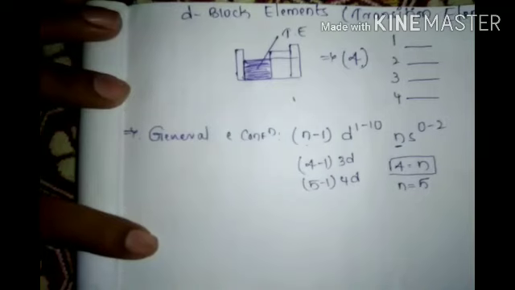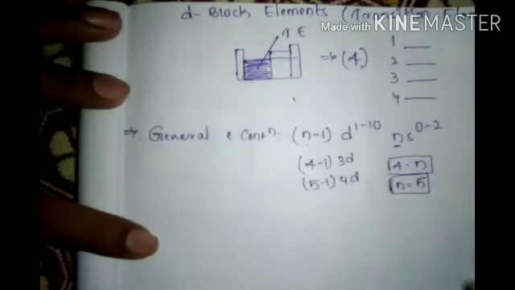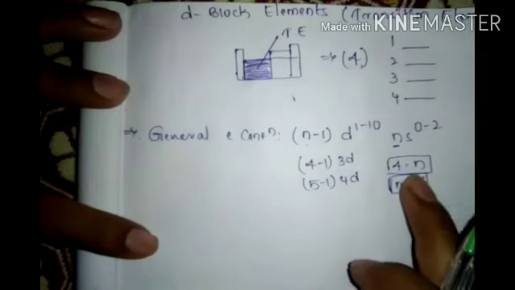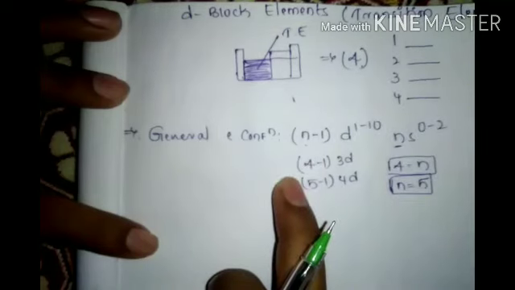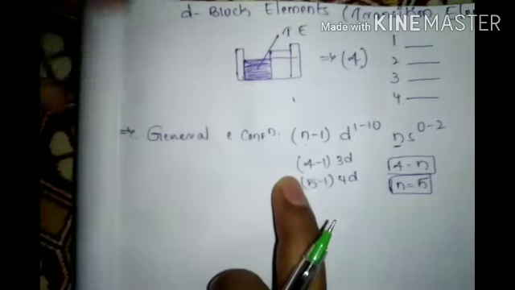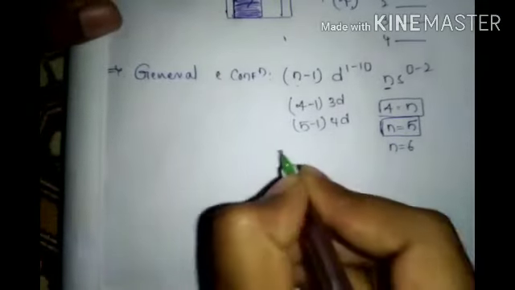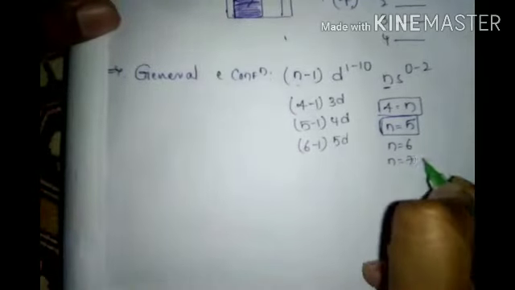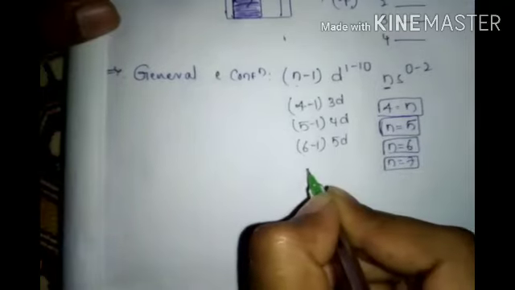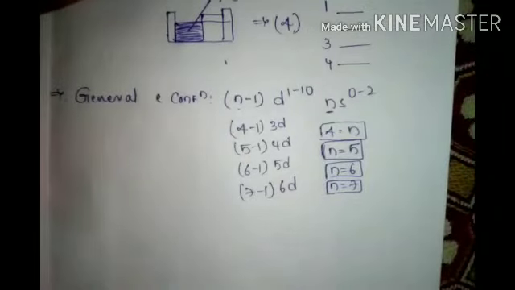This is the way of writing the general electron configuration of D block elements. Whatever is coming here, that minus 1. How to remember it? For example, n equal to 6: 6 minus 1, 5d. N equal to 7: 7 minus 1, 6d. This is the way of writing electronic configuration. Copy it.